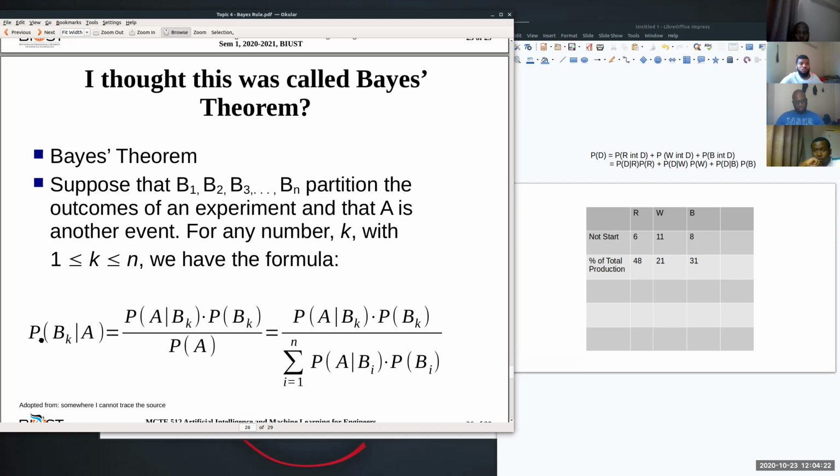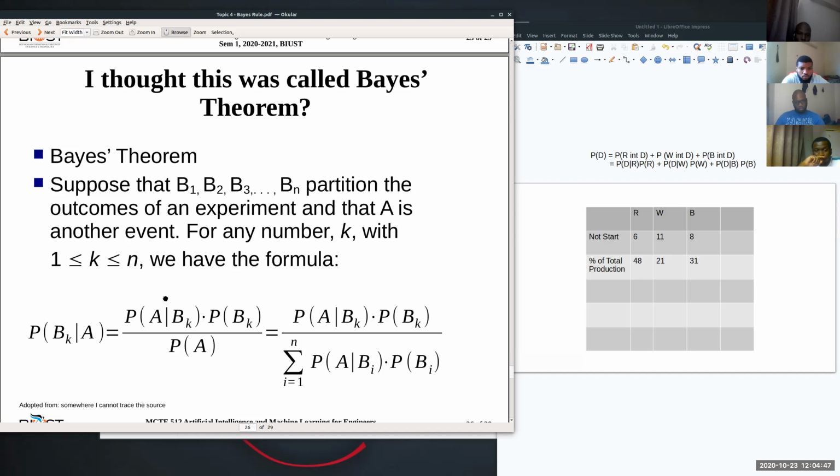So all these events, okay, and given that the independent event A, okay, independent of those B events, okay, so given a probability of a B event occurring, I mean, what is the probability of the BK event occurring, of all the other B's, B1, B2, and to Bn events occurring, given A.